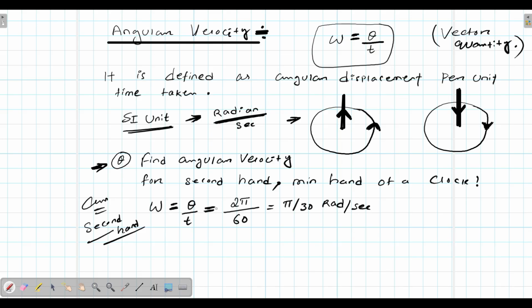So angular velocity for minute hand, omega equals to theta by t.